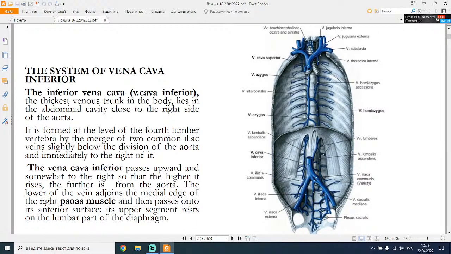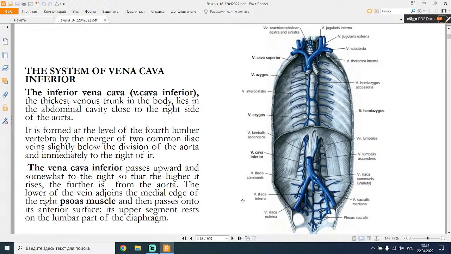So, the system of vena cava inferior. The inferior vena cava is the thickest venous trunk in the body. It lies in the abdominal cavity, close to the right side of the aorta.